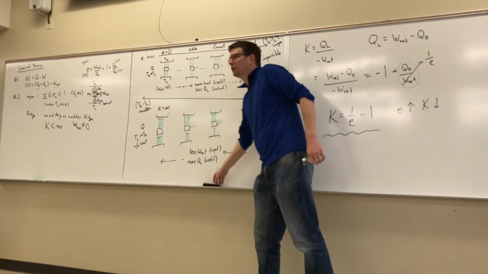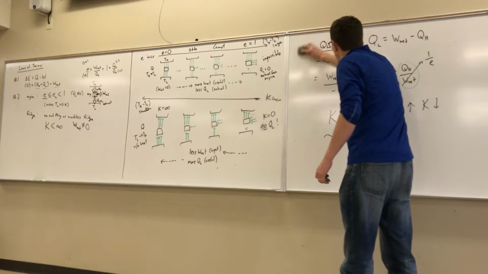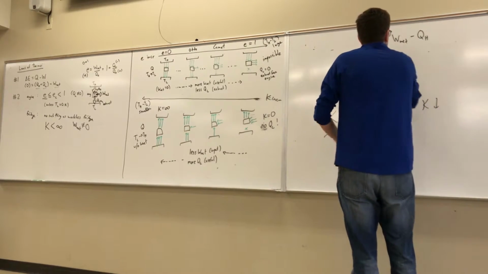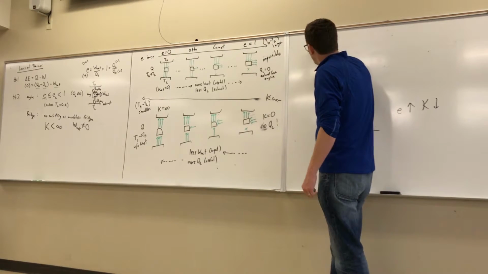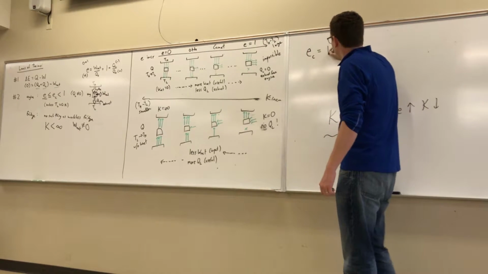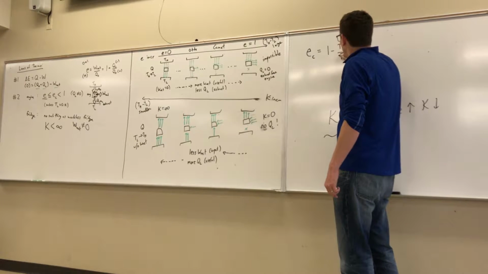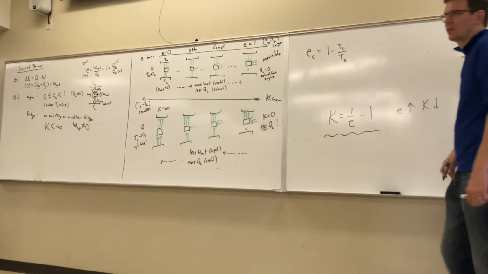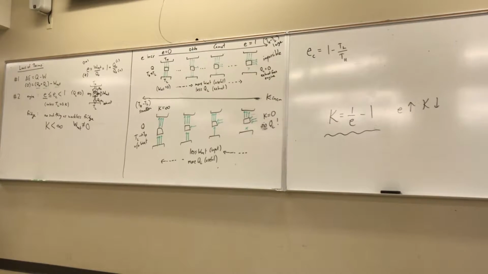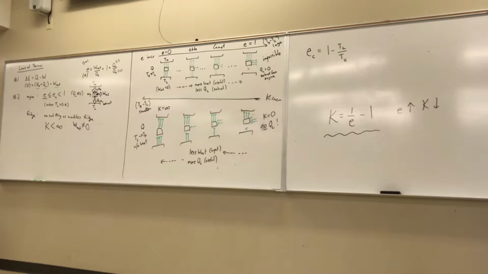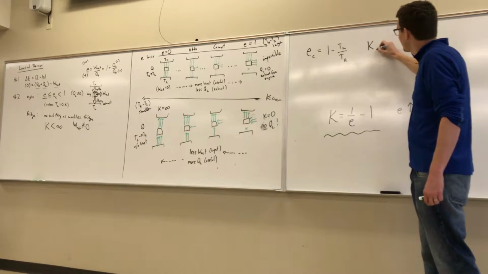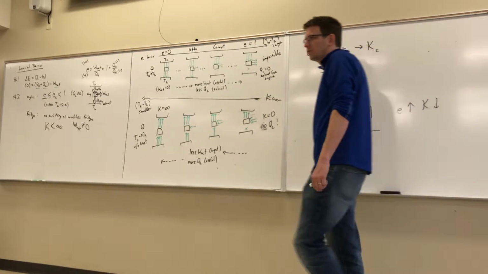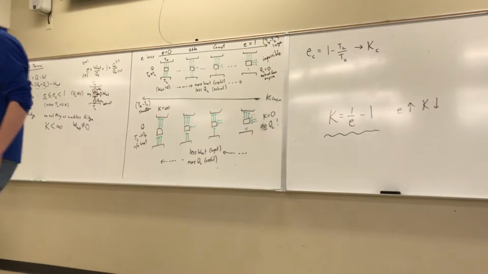In fact, let me show you. We calculated last time, and again I'm using the Carnot cycle as my example, that the Carnot efficiency was that. So I'll go ahead and plug into this to get the Carnot coefficient of performance.